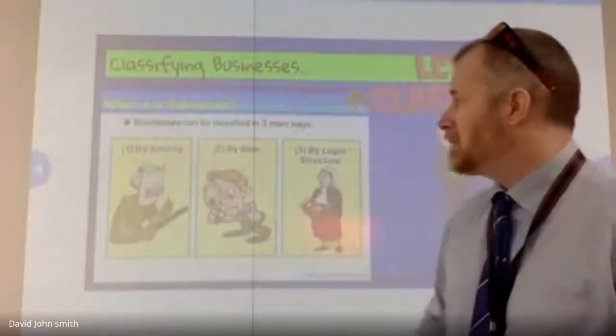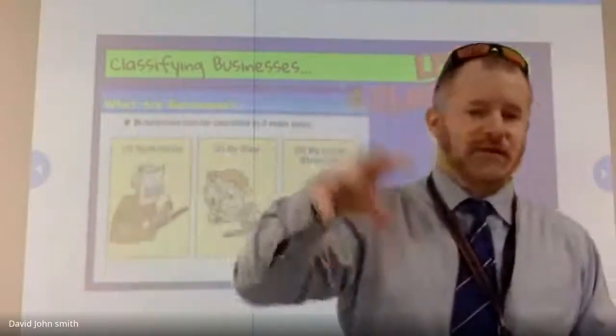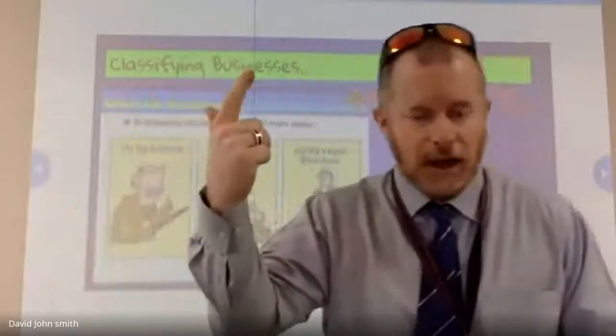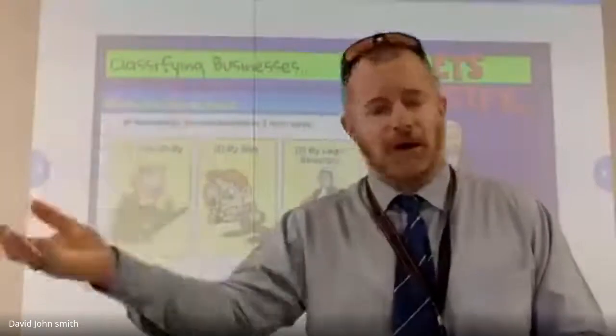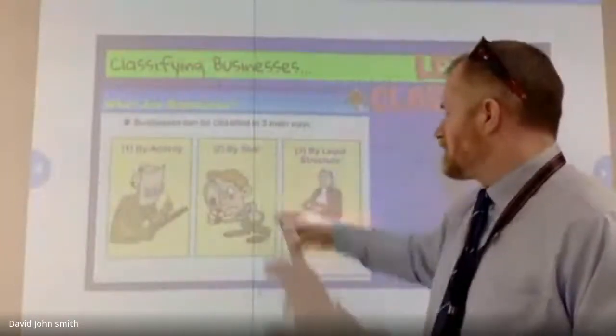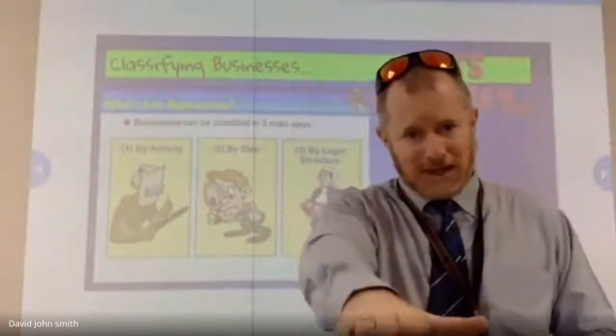Another way we could measure it is by thinking about the activity that the business is involved with. So we could classify it and say it's public sector, it's a public business, it's a private business. We could classify it and say it's in the primary sector, it's in the secondary sector, and so on. We could also think about the legal structure, which we're going to get to. Don't panic, we will get to that.